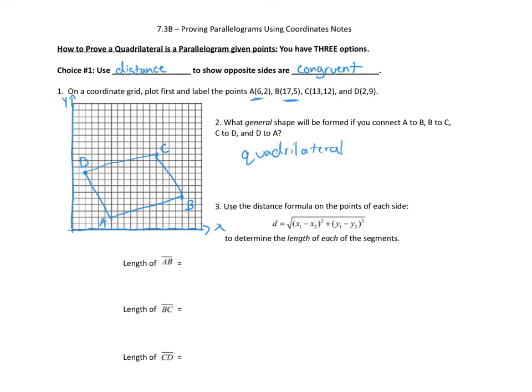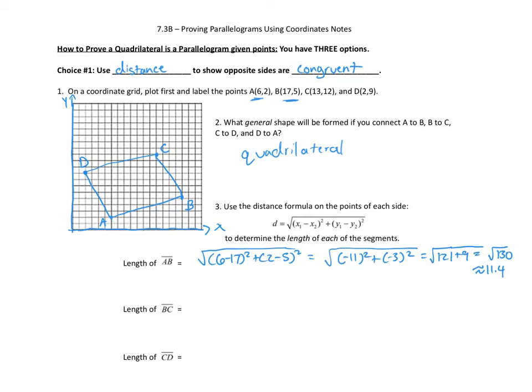So here, our x's are 6 minus 17 squared. Our y's are 2 minus 5 squared. Simplify that some more: 6 minus 17 gives me negative 11 squared, plus negative 3 squared, which simplifies to 121 plus 9, which is the square root of 130, or something close to 11.4. BC, same formula.